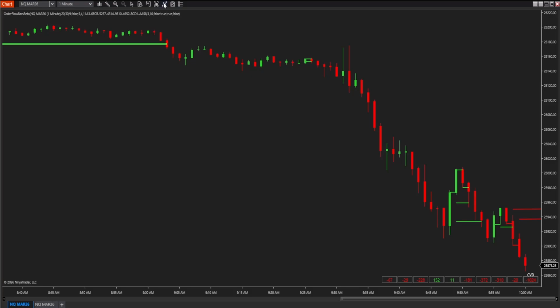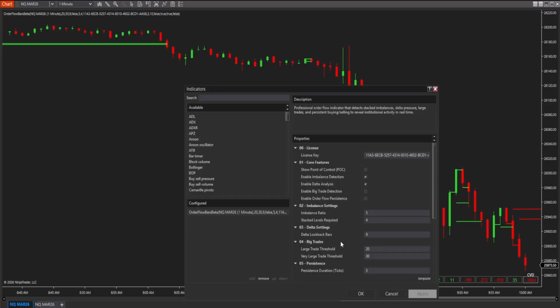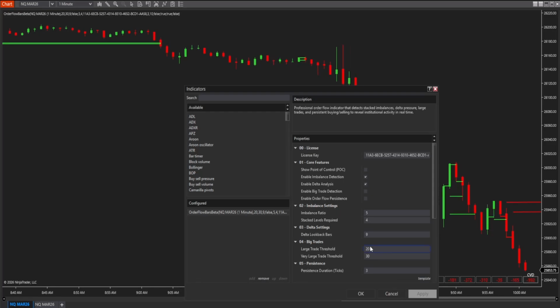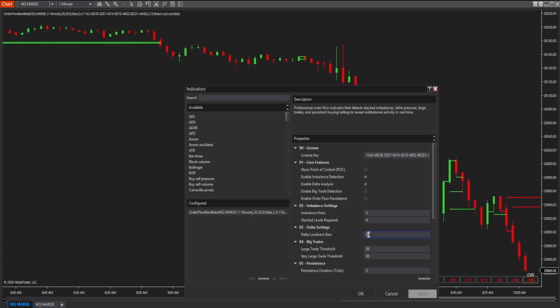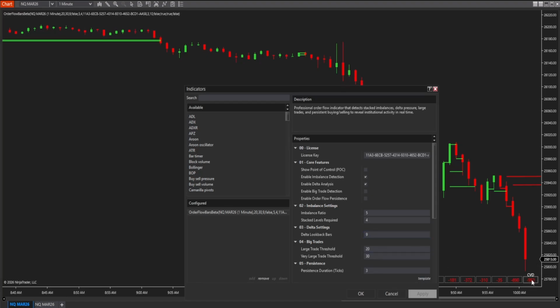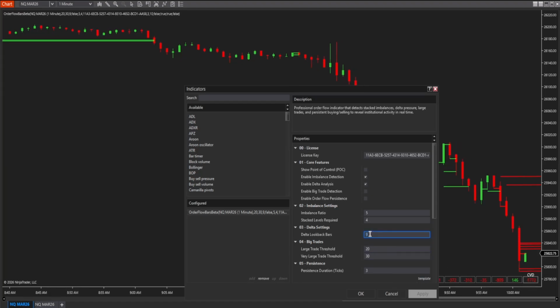Now, when I choose the delta down here, delta settings, delta look back bars is 9. I choose 9, but the CVD is only calculating for the past 8 minutes. Let's say I want to know the CVD for the past 5 minutes. Let's say I do 6, and then I click apply.